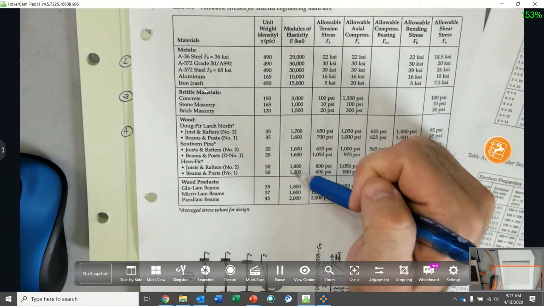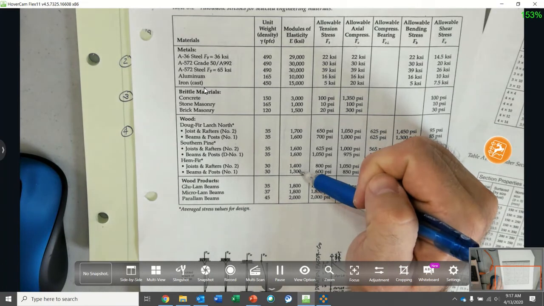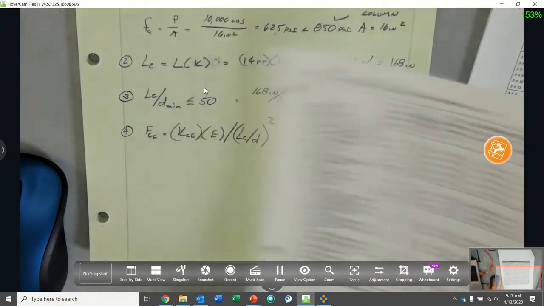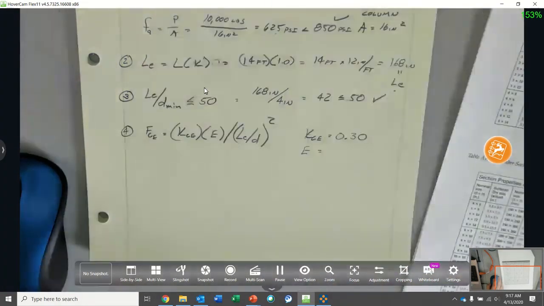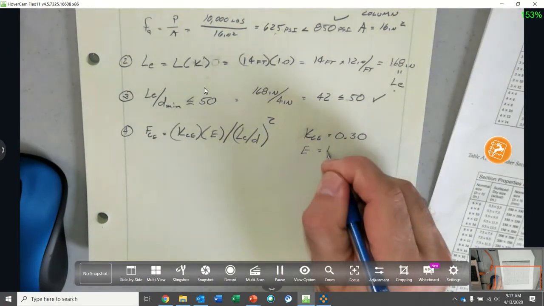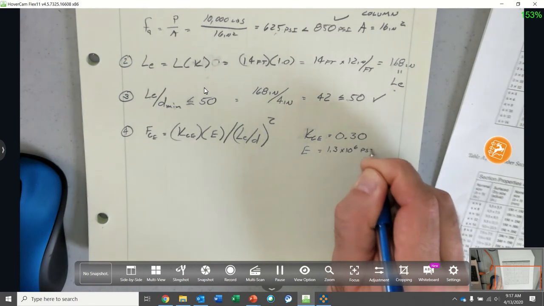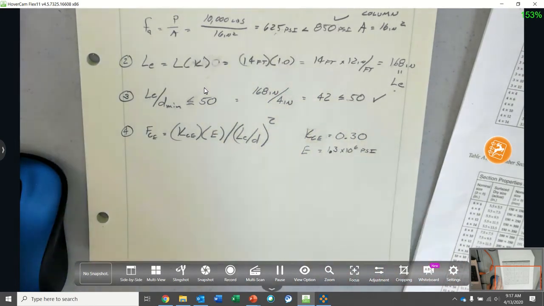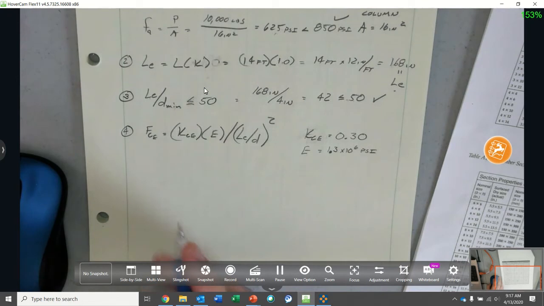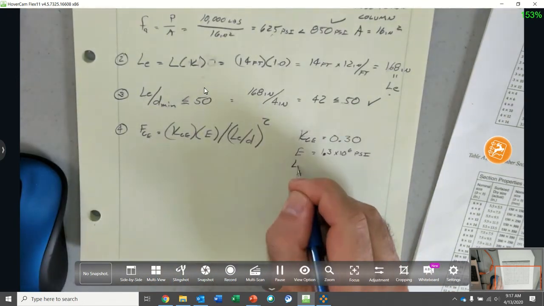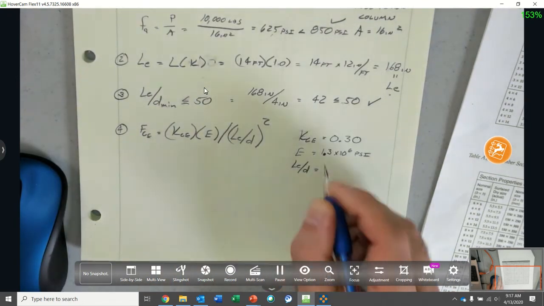It's right here: Hem-Fir number 1, beams and posts, 1300 ksi, or 1.3 times 10 to the 6 psi. And my LE over d equals 42.